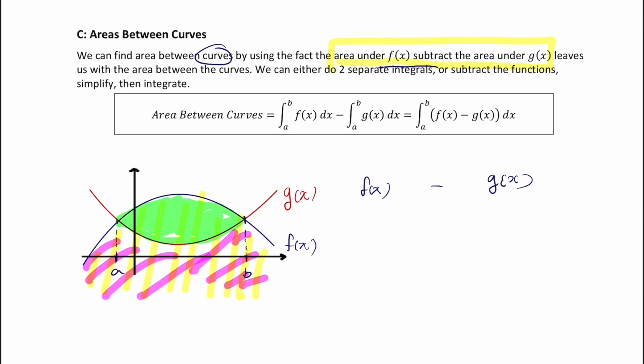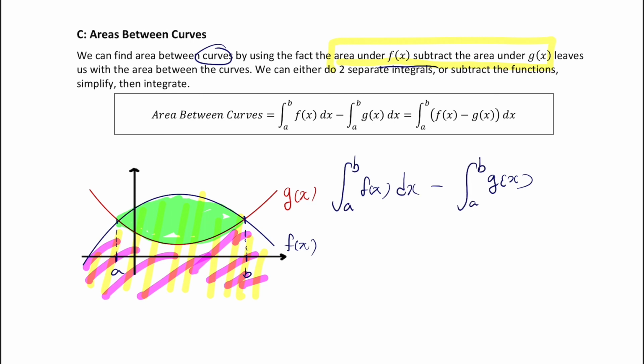Then we can clearly say that the area between these two graphs lies in the range a to b. So the range for this integration is a and b.